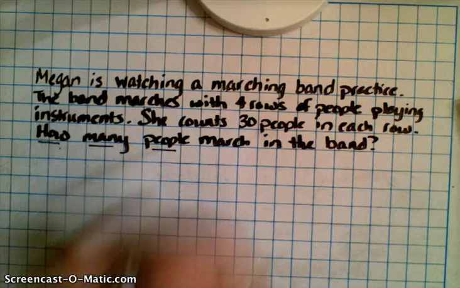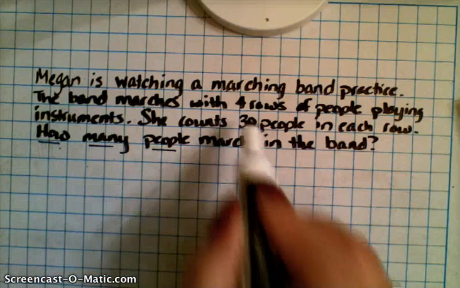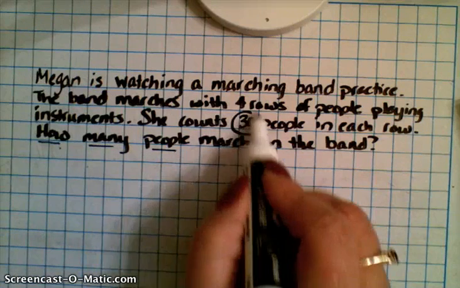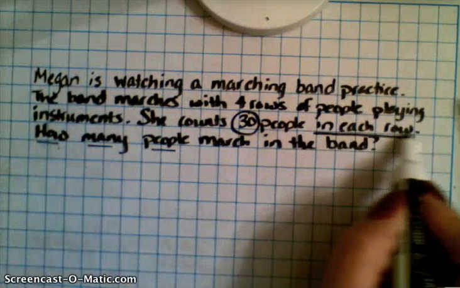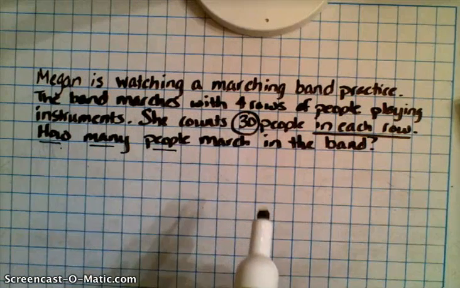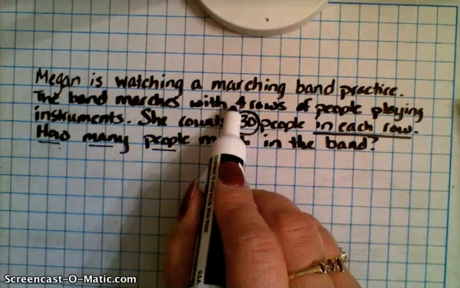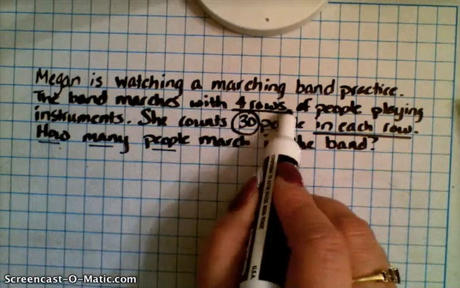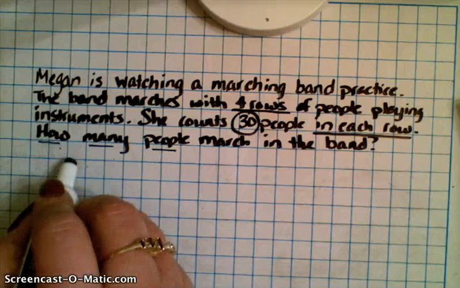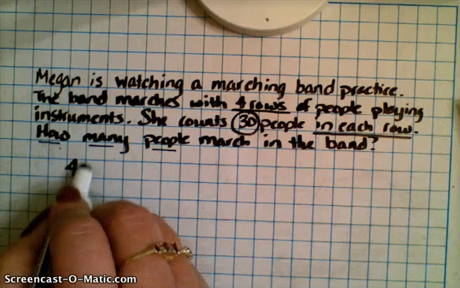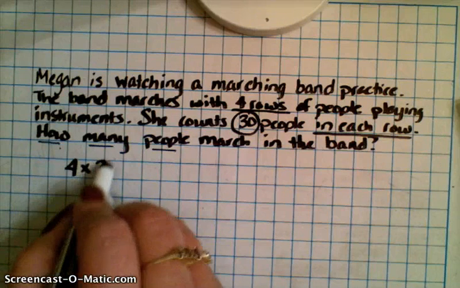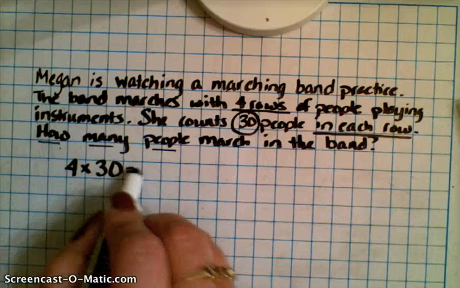How many people? Up here, it says there are 30 people in each row. And she has 4 rows. So that leads me to the number sentence 4 times 30 equals n.